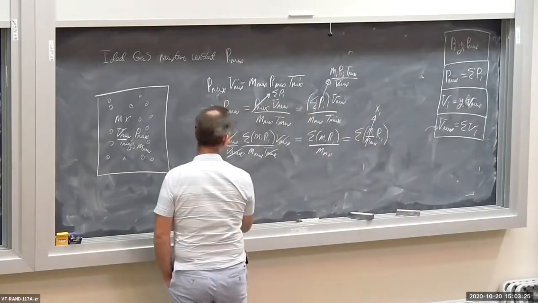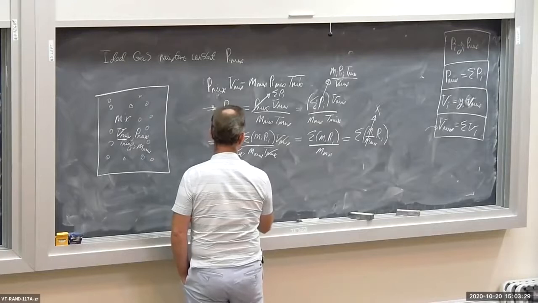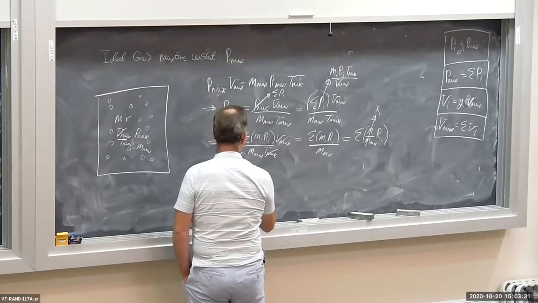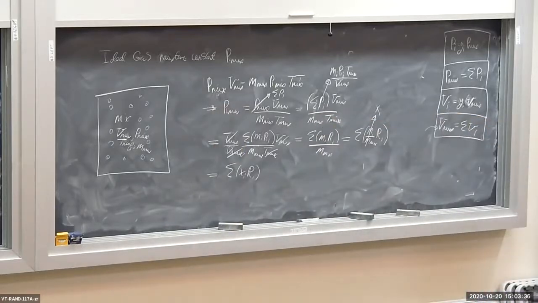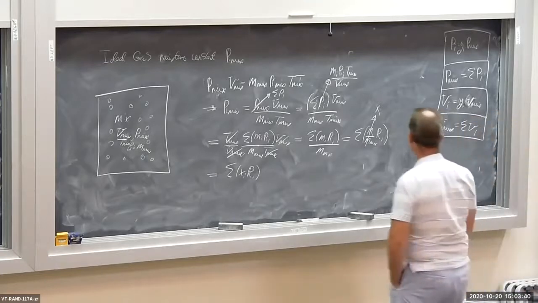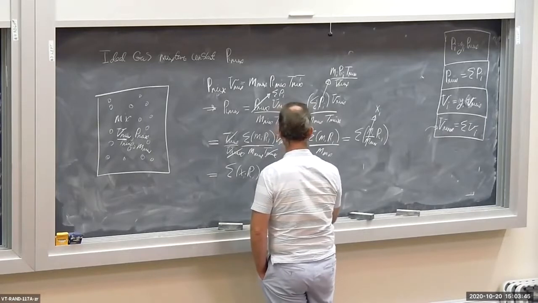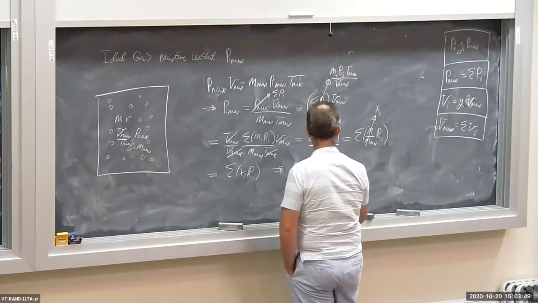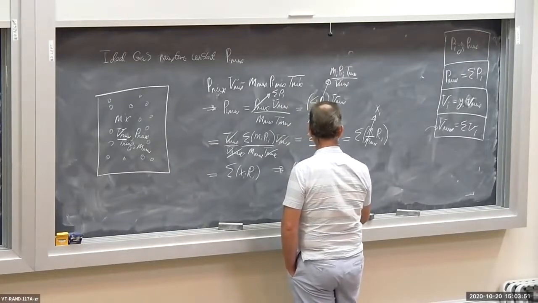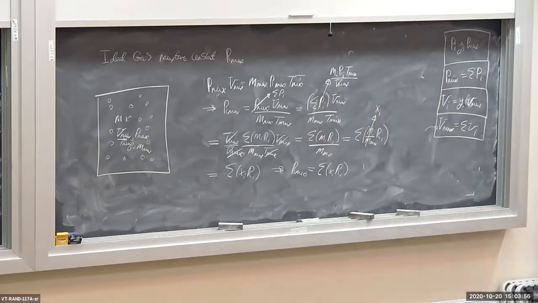So the mixture gas constant is equal to the sum of the mass fractions times the gas constant of each component, summed over all components.